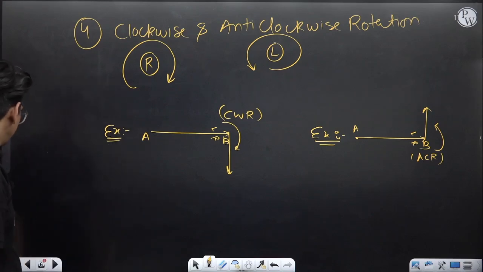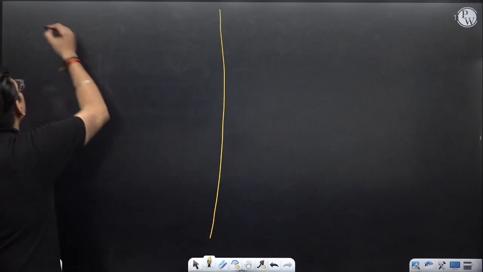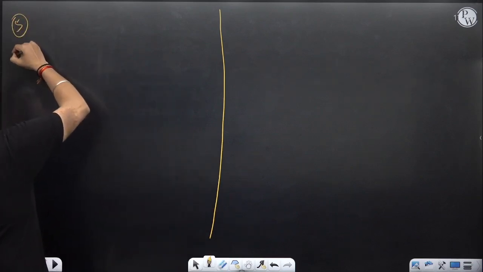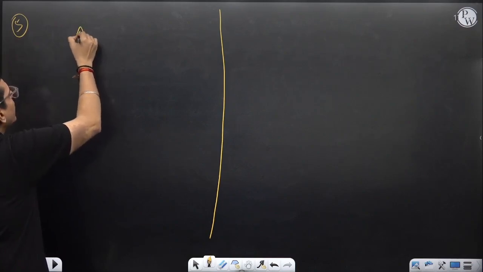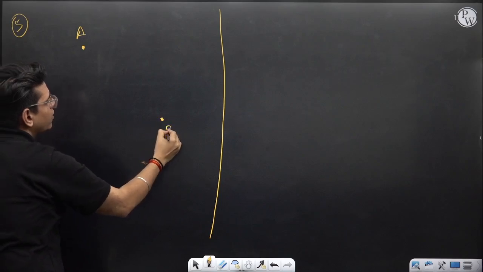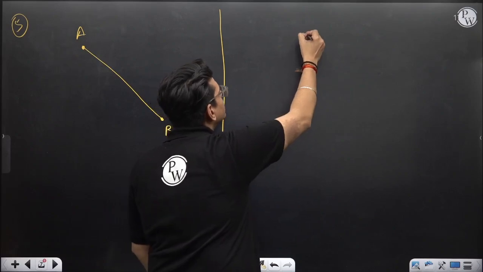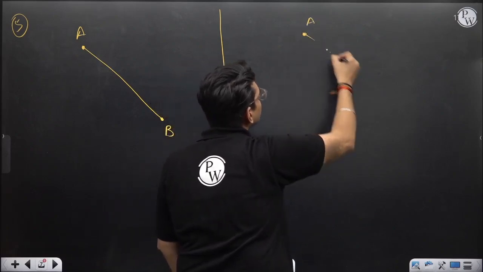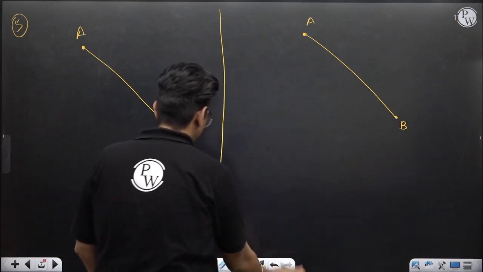After this, there are two possibilities, right? If you have two points, suppose this is your A and this point is your B. Again, this is your point A, this is your point B, and the main directions are what?